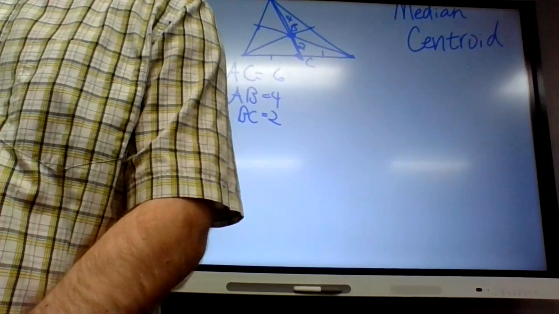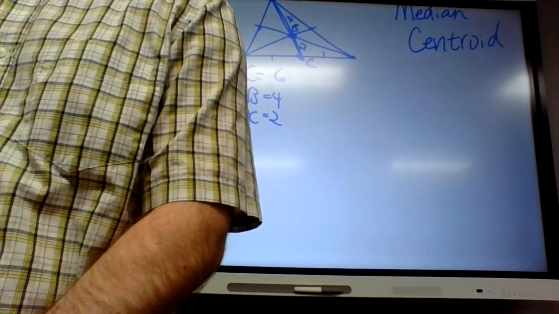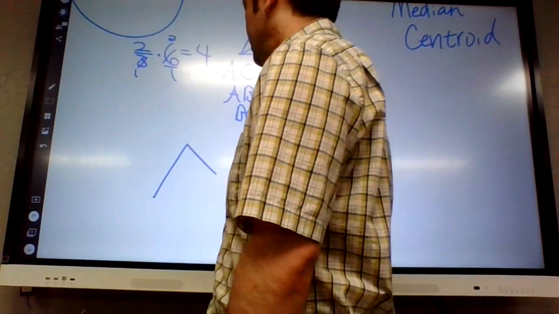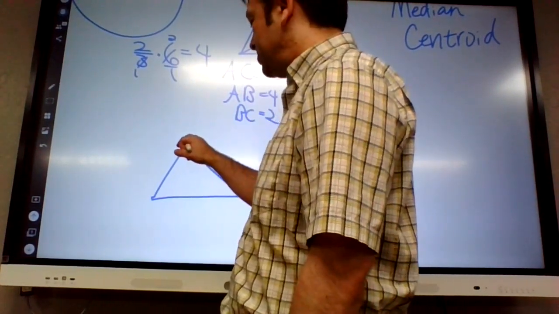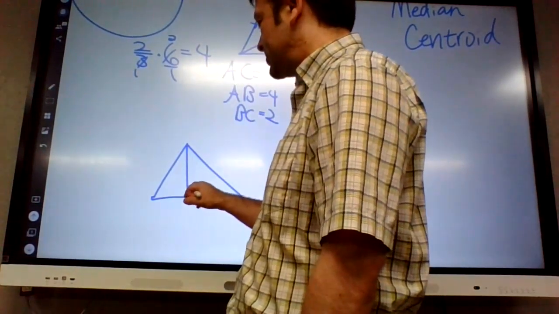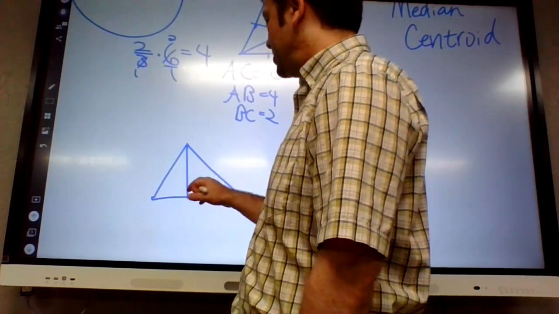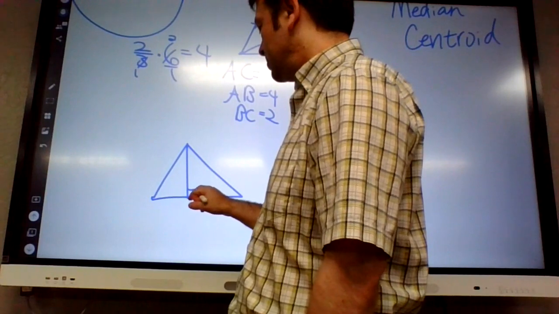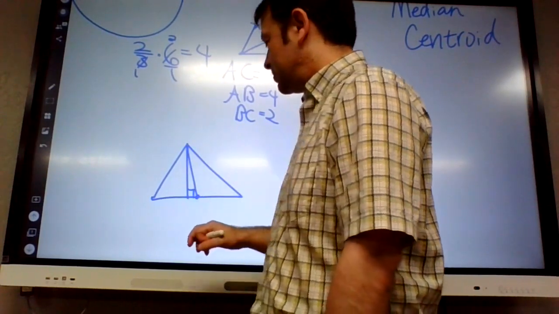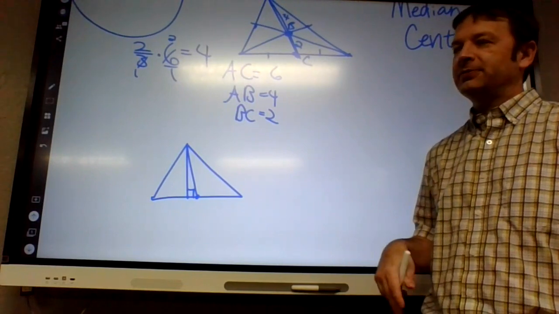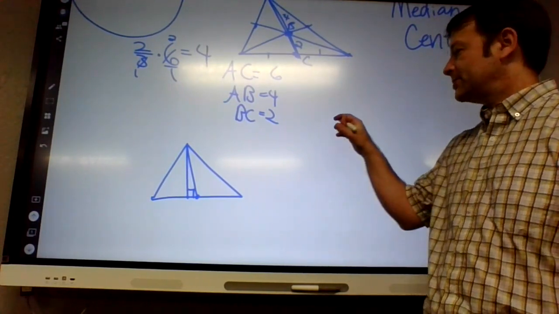What's the difference between altitude and the median? An altitude is a line that you would use to measure the height, so you'd drop it straight down to the opposite side. The median goes to the middle of the opposite side and it's not perpendicular, unless it's an equilateral or isosceles triangle.